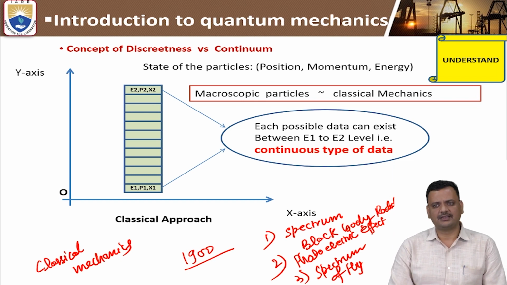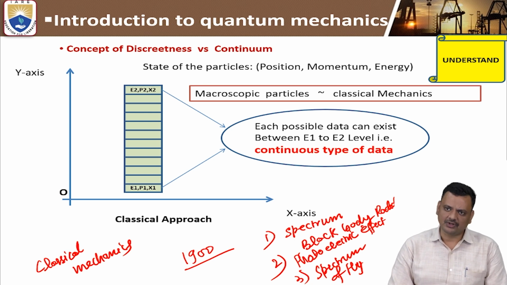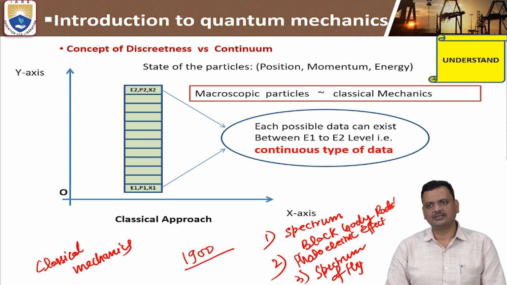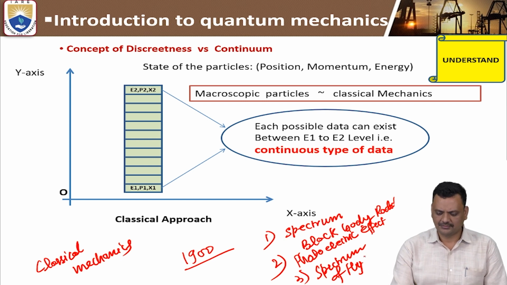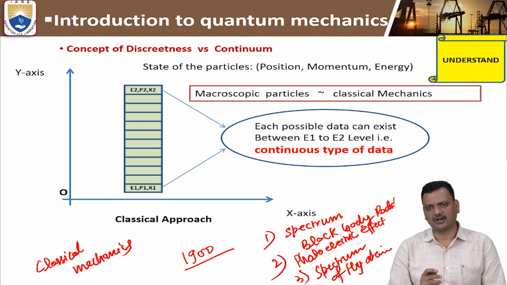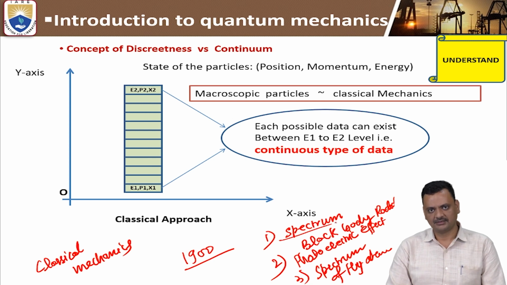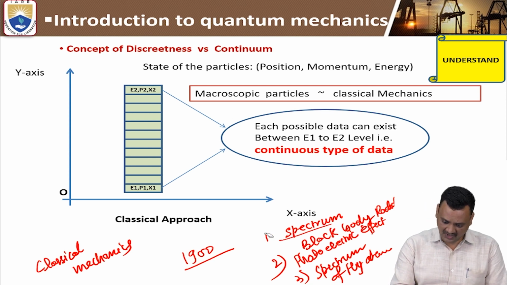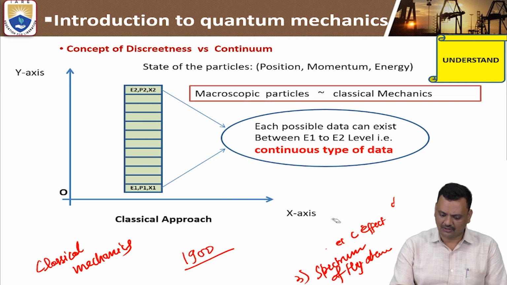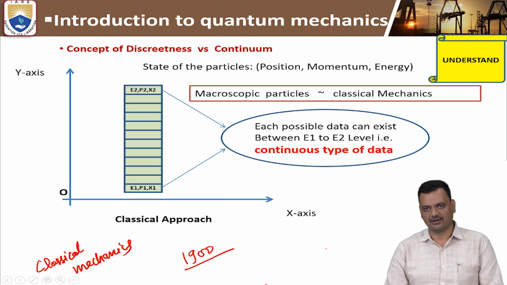So these three things, the spectrum of black body radiation, the photoelectric effect, and the spectrum of the hydrogen atom, were observed around 1900. Scientists tried to explain these experiments with the existing rules of classical mechanics, but they were unable to explain these three phenomena.